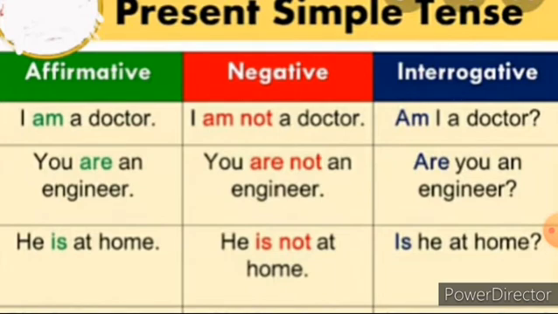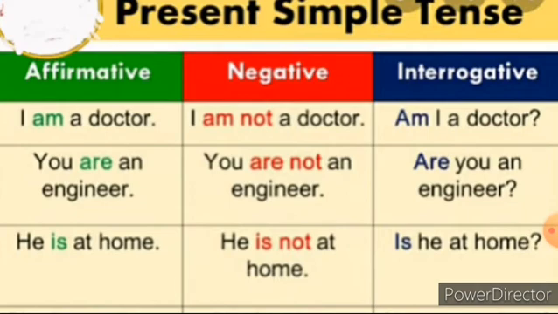So I am not a doctor. Look at the next one. You are an engineer. How will you make the negative form? You are not an engineer. So you have to insert this not next to the be form, that is, you are not an engineer.